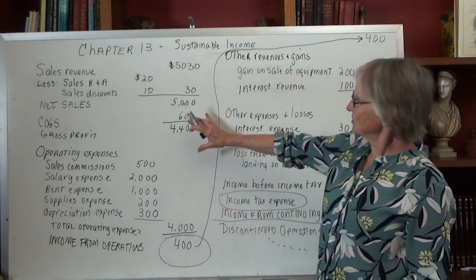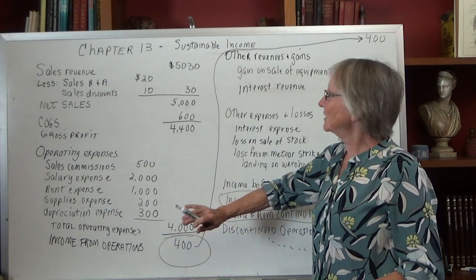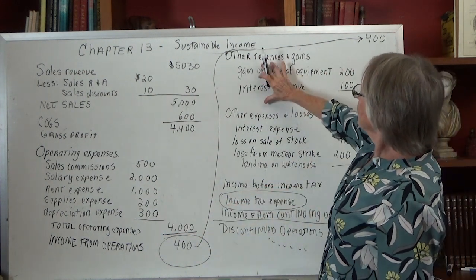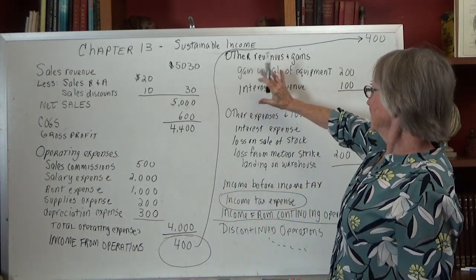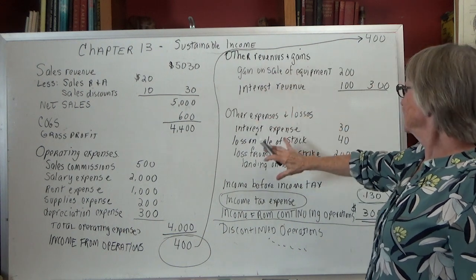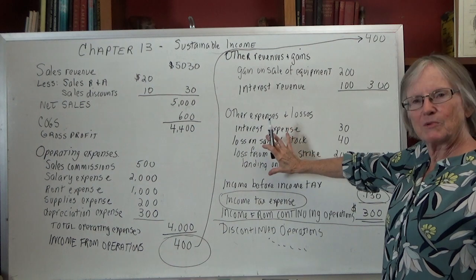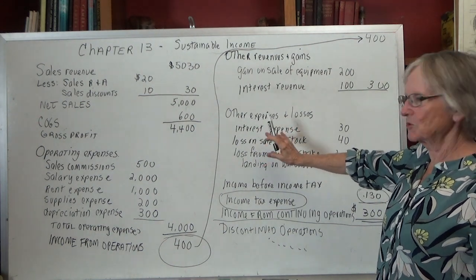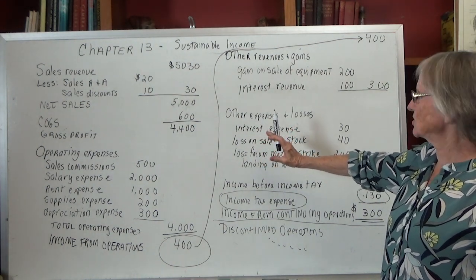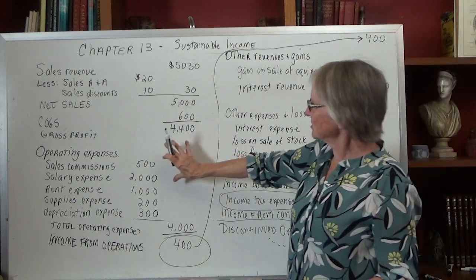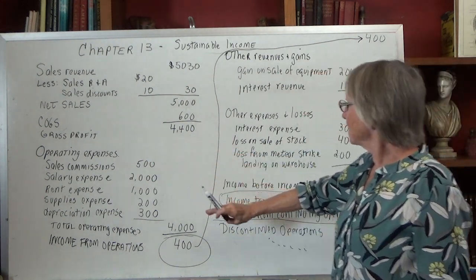That's the main line of business, that's what we do. These other items are more incidental: gains on the sale of equipment, the interest revenue, things like that. How management handles them has something to do with the operating results of the company, but this is the fundamental business of the company.